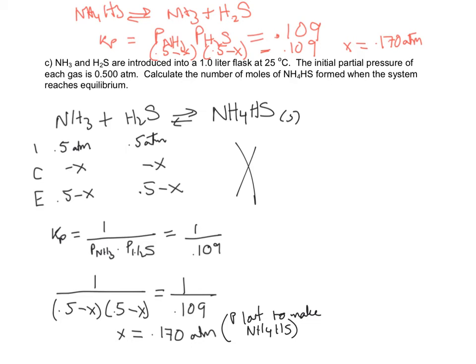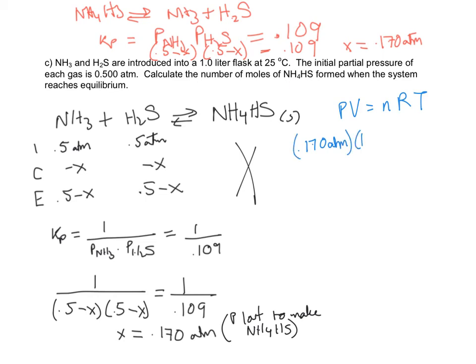All right, so now what? So now, since we have pressure that was lost, what we could do is we can use PV equals nRT to find out how many moles of ammonia reacted, how many moles of ammonia were lost, and we can use stoichiometry to get moles of NH4HS. So let's do that. So PV equals nRT. For the pressure, we're going to use the pressure that was used up, so 0.170 ATM.